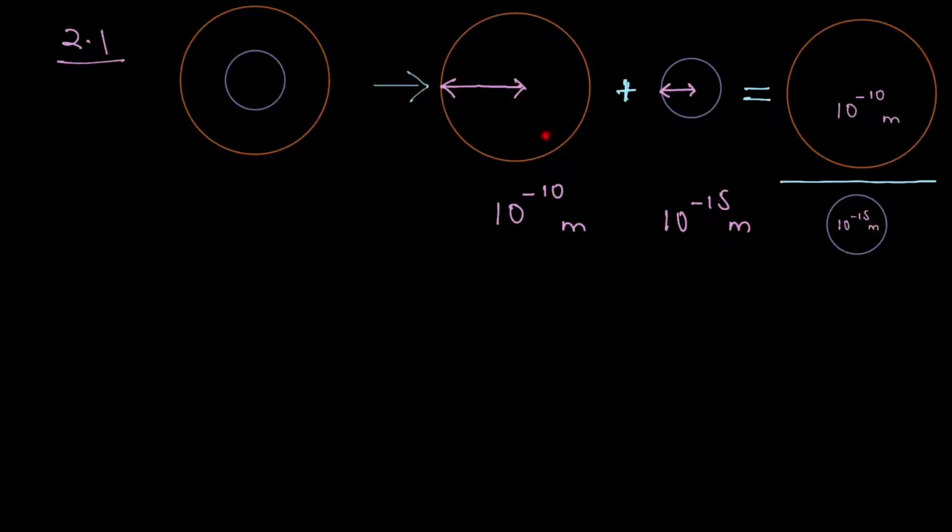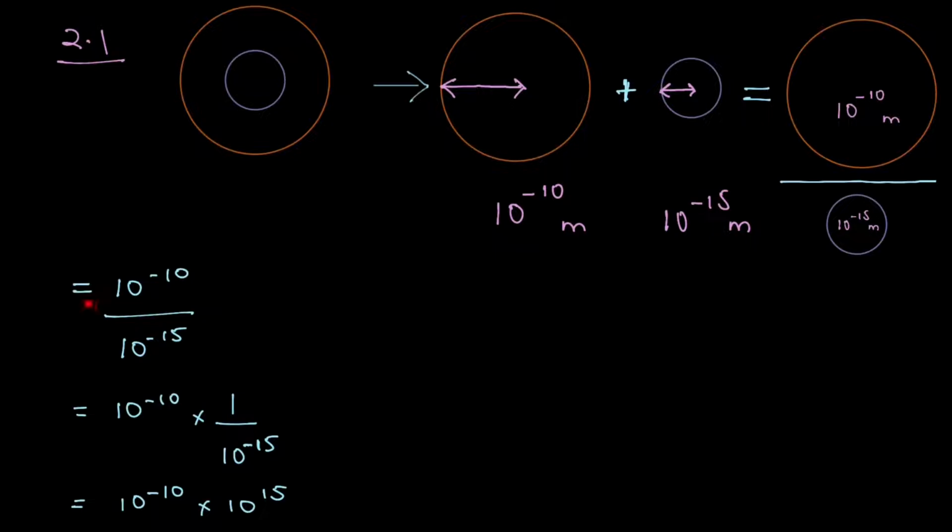The radius of an atom is estimated around 10 to the power minus 10 meters, and the radius of a nucleus is estimated at 10 to the power minus 15 meters. So 10 to the power minus 10 meters over 10 to the power minus 15 meters. I can rewrite it by splitting it up. That's 10 to the power minus 10 times 1 over 10 to the power minus 15, which is 10 to the power minus 10 times 10 to the power 15.